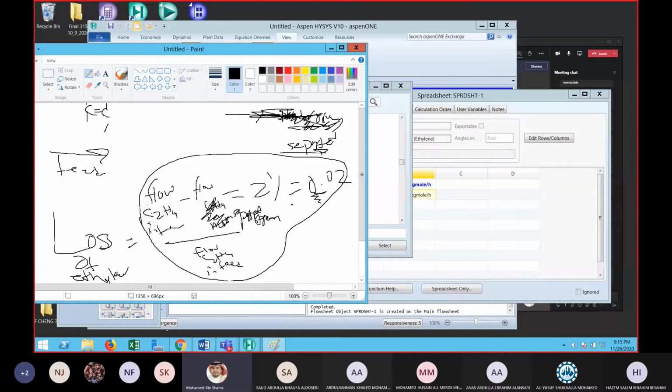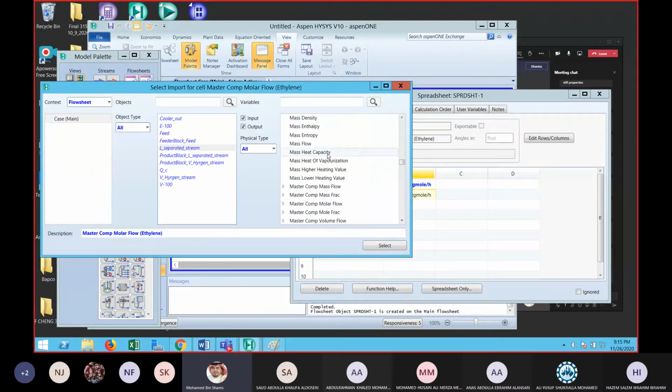Why? Because if I have 0 in the separated stream, then 250 minus 0, 250 over 250, is 100%, meaning I have 100% lost. It means that everything went to the top stream. It has to be the liquid separated stream.